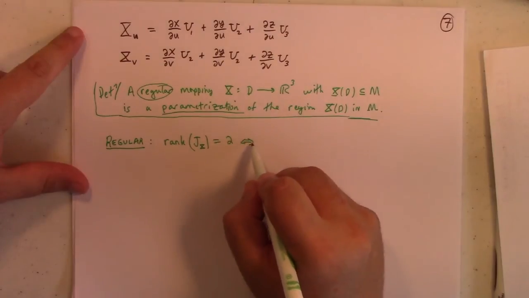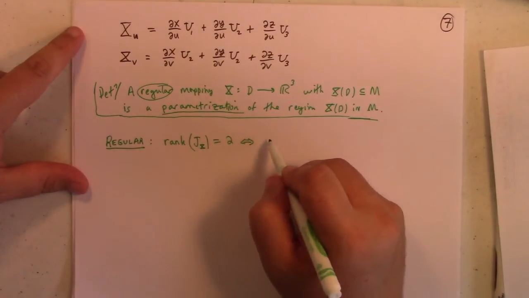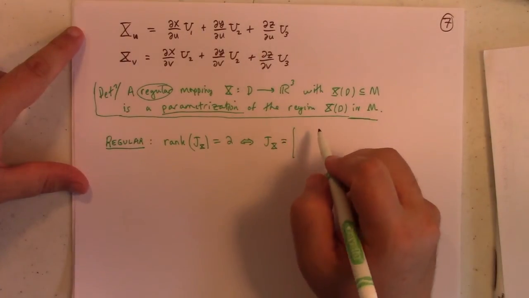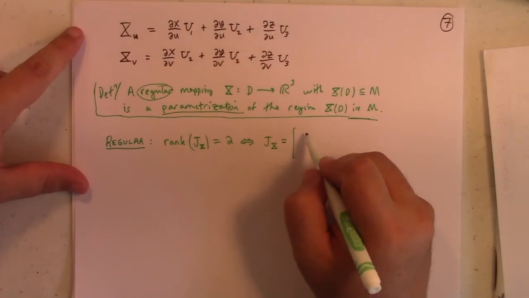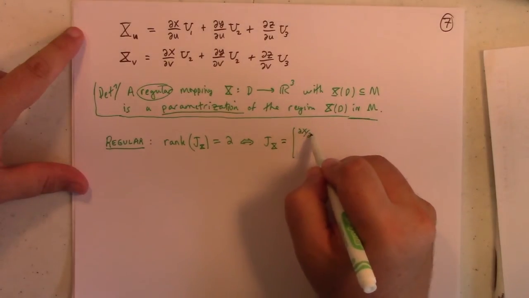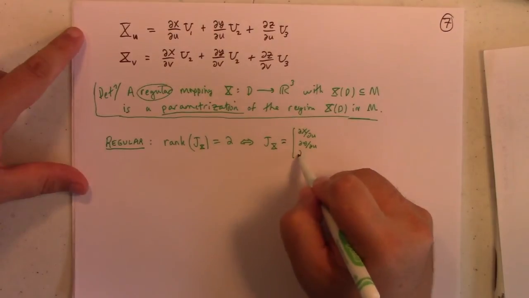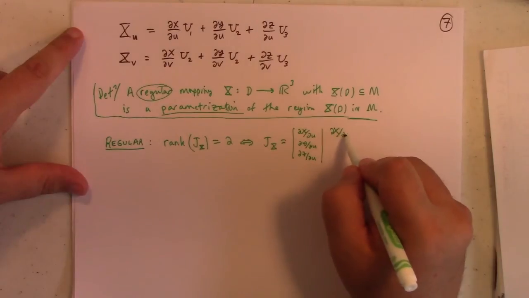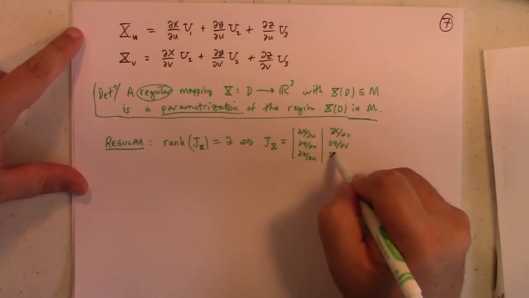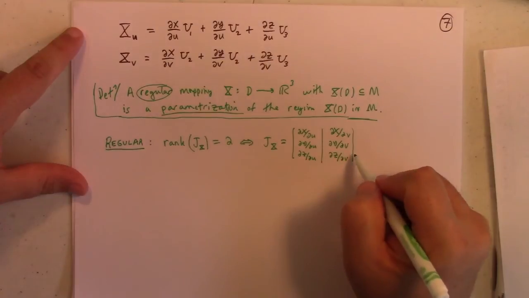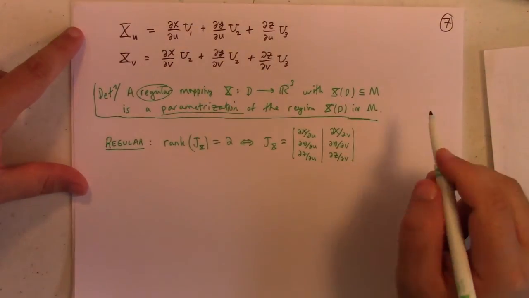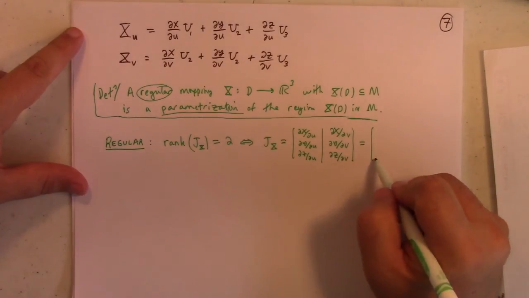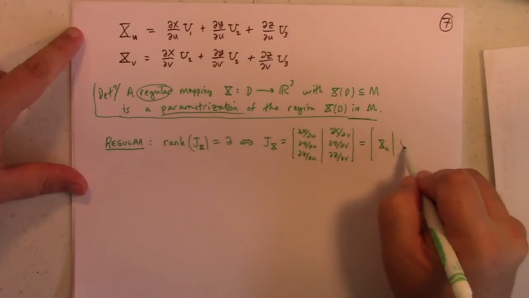So to be more explicit, if we look at the Jacobian of x, it's this matrix: partial x partial u, partial y partial u, partial z partial u. Look familiar? Second column: partial x partial v, partial y partial v, partial z partial v. So in other words, if you convert these, it's just their column vector equivalents. Basically, it's a slight abuse of notation here, folks, but it's essentially xu, xv.